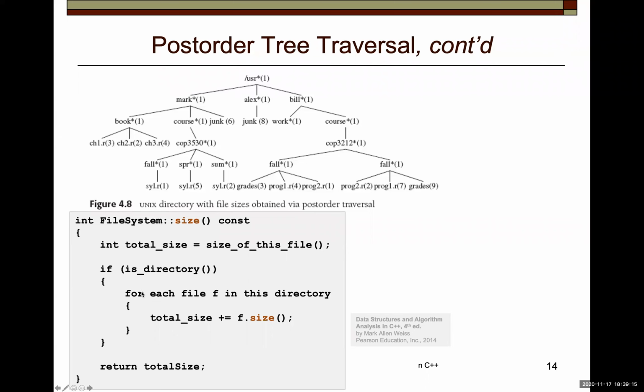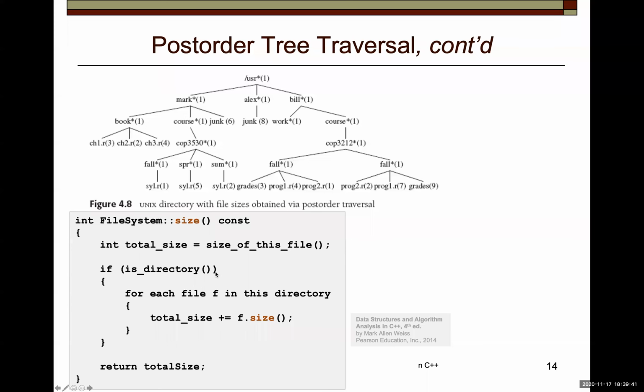we are going through the children, calculating the size of each child, and that itself is recursive, so you can see the recursiveness here. And then at the end, you can see that we're adding to total size. Total size starts out being the size of the file itself, or the node itself.